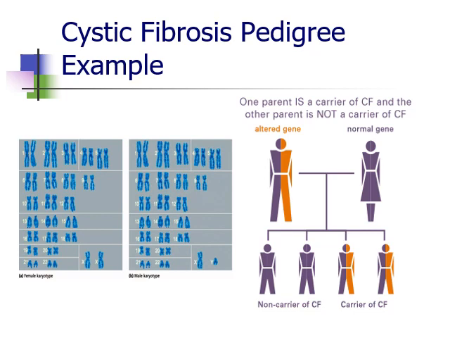And we can see that half of the kids, a 50% chance, will receive one lowercase letter from dad. So even though these parents will not have any kids with cystic fibrosis, some of their kids could be carriers for this, and they could pass it down to their children. So they're not going to have it because they're carriers, but they could pass it down and give it to their kids.